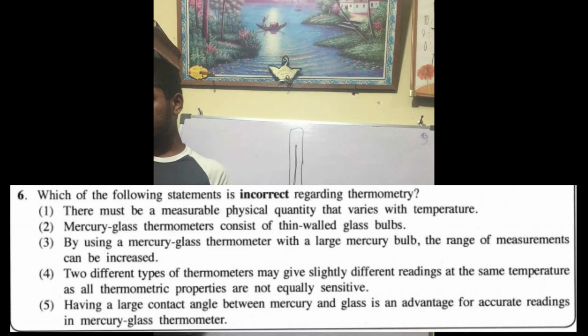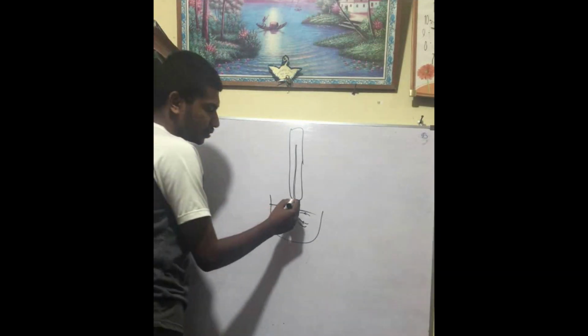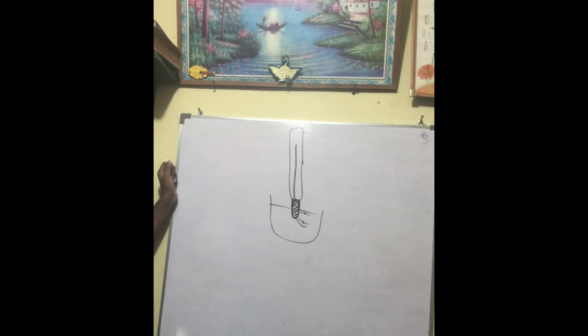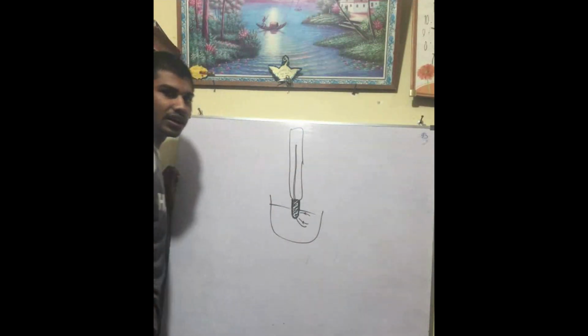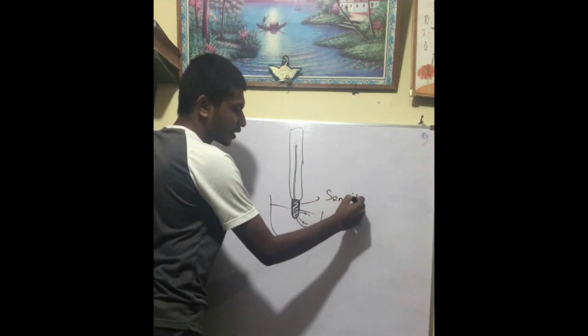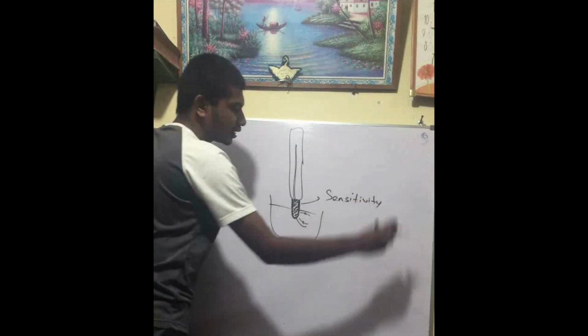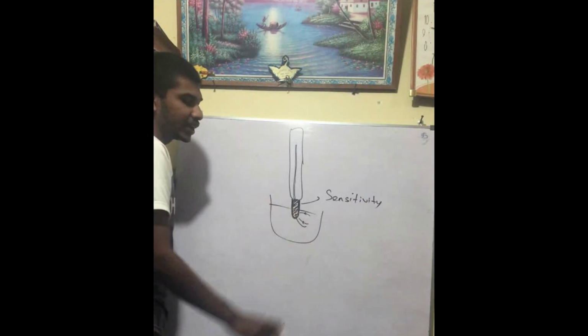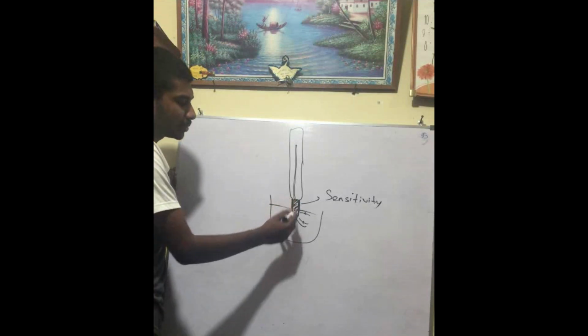The next one is, by using a mercury glass thermometer with a large mercury bulb, the range of measurement can be increased. That one will be the wrong one, guys, because if you increase the amount of mercury in the bulb, it will not affect the range. Of course, it will increase the sensitivity, but it will not increase the range because the range is defined according to the boiling point of the mercury.